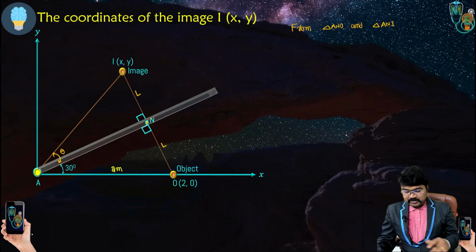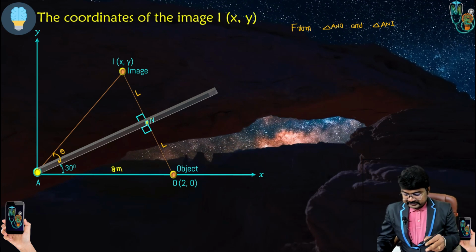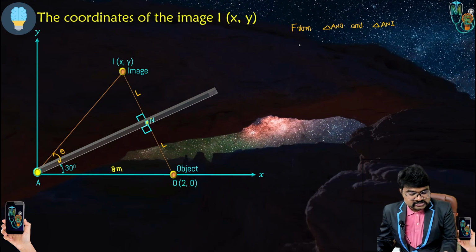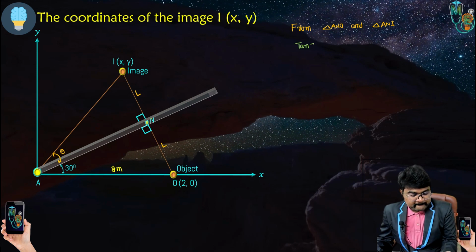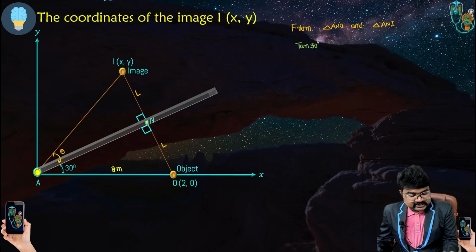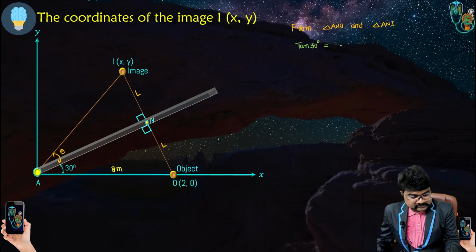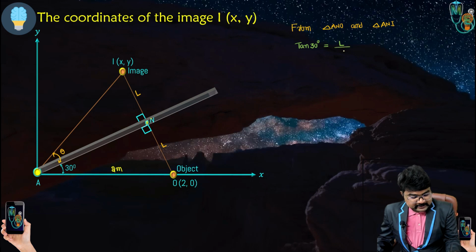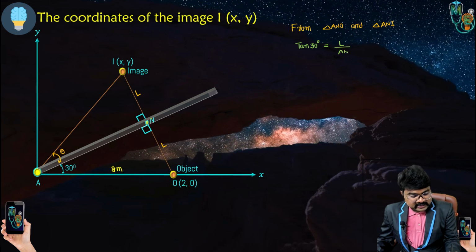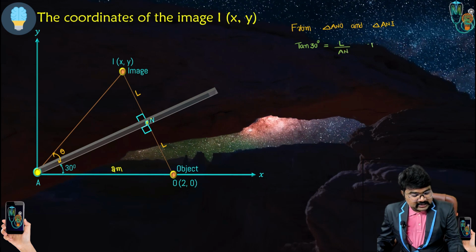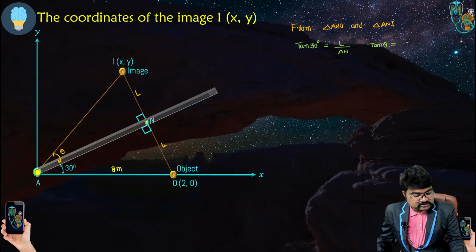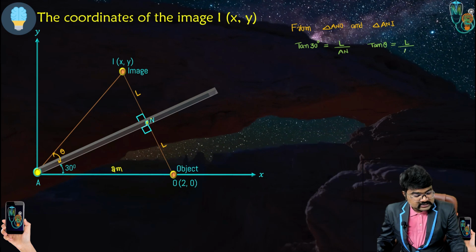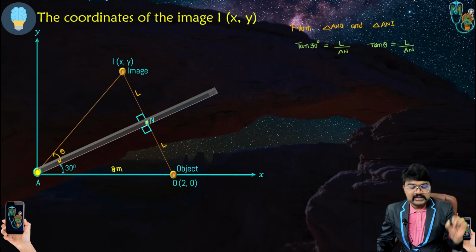It's very simple. From triangle ANO, what is tan 30 degrees? Tan 30 degrees equals L by AN. From triangle ANI, tan theta equals L by AN.